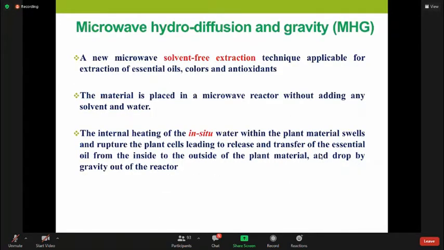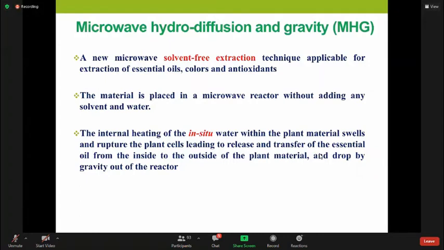Another green extraction process is microwave hydrodiffusion and gravity. This is a unique method where there is no involvement of any solvent. It's a new microwave solvent-free extraction technique, which is applicable for the extraction of essential oils, colors, and antioxidant compounds.